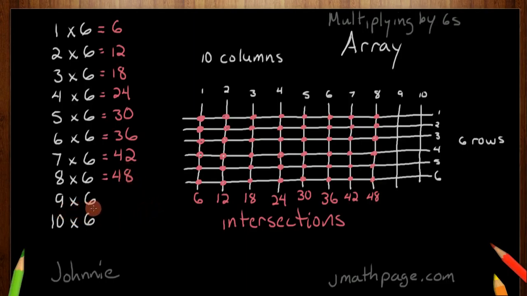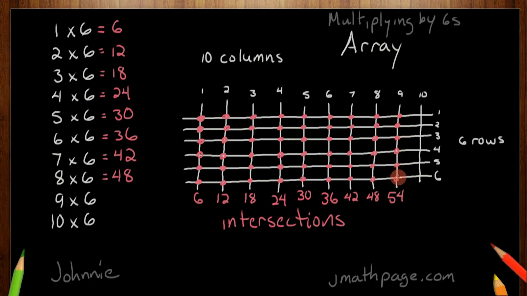How about 9 times 6? 9 columns, 6 rows. Let's go up to the 9th column. I see our 6 rows. Let's mark all the intersections. We had 48 before. Let's count on 48, 49, 50, 51, 52, 53, 54.